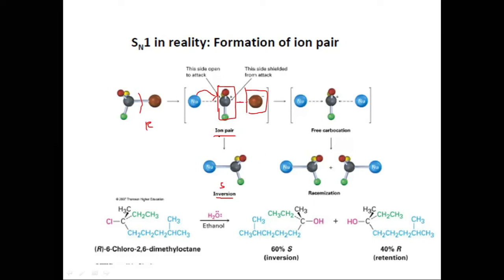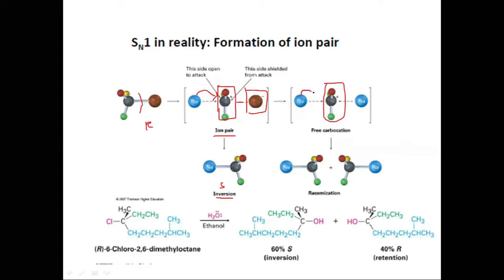And this state will also be there as one of the steps before it moves into the free carbocation state. So once you get the free carbocation state, then the nucleophile which is available in the reaction medium can approach the carbocation in any way.